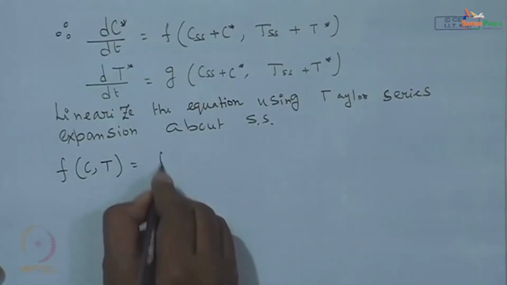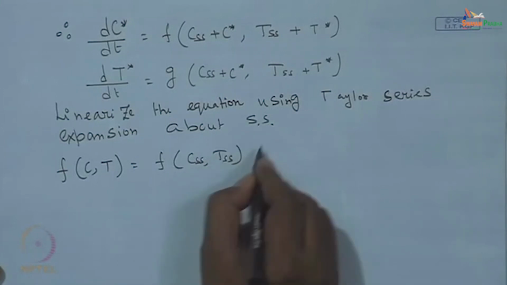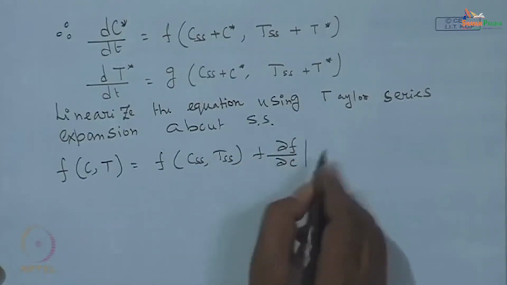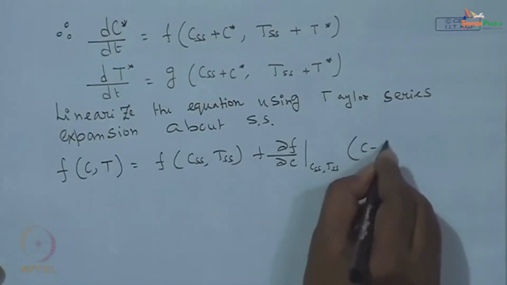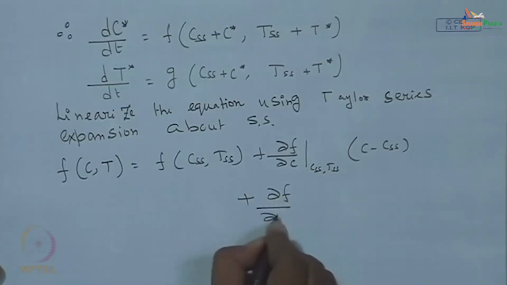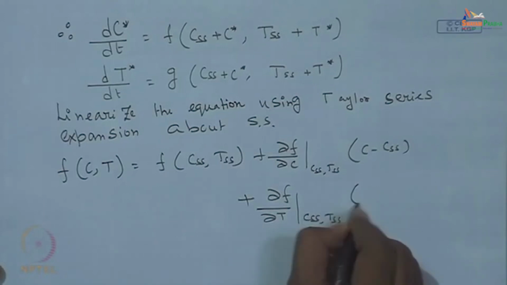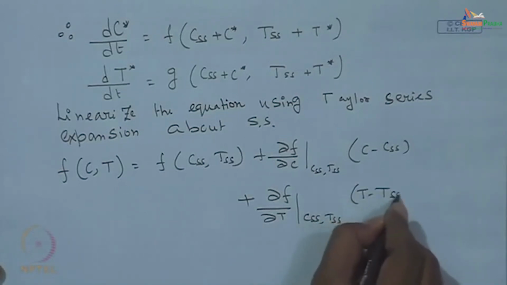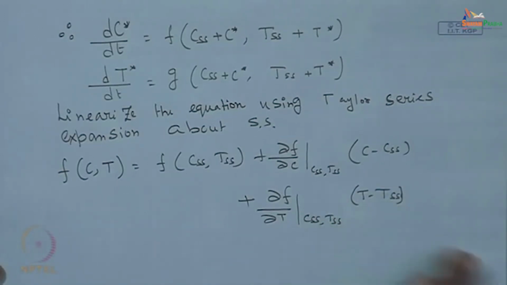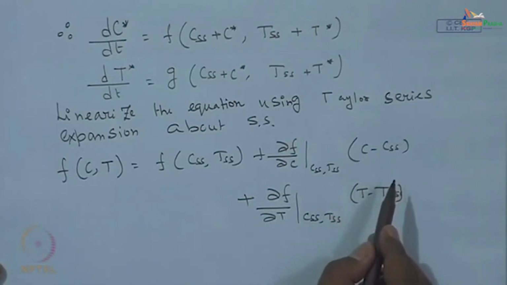So, f(C, T) will be nothing but f(C_ss, T_ss) plus ∂f/∂C about the steady state times (C minus C_ss), plus ∂f/∂T about the steady state times (T minus T_ss), where T minus T_ss is nothing but T star, and C minus C_ss is nothing but C star.